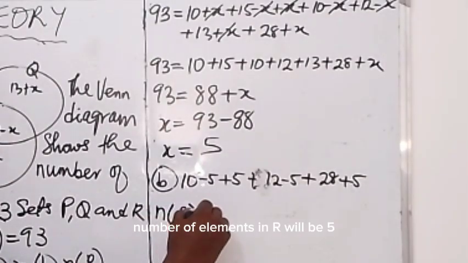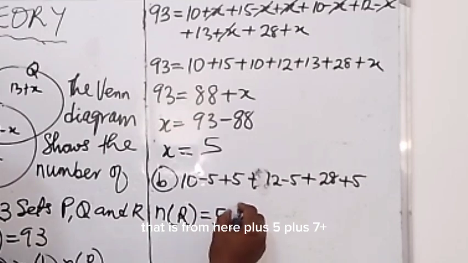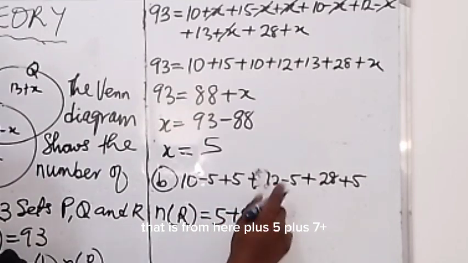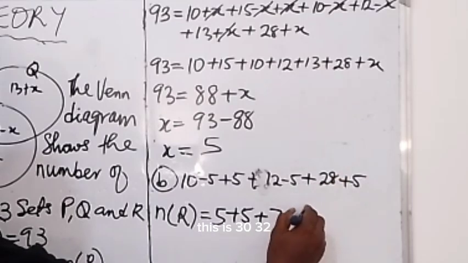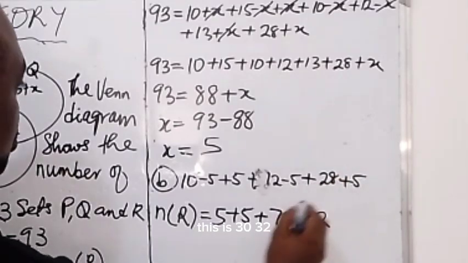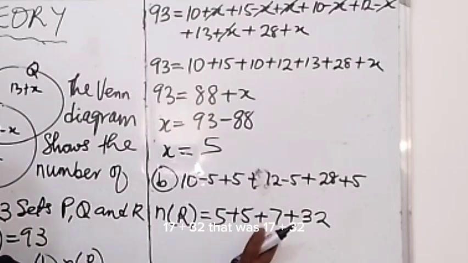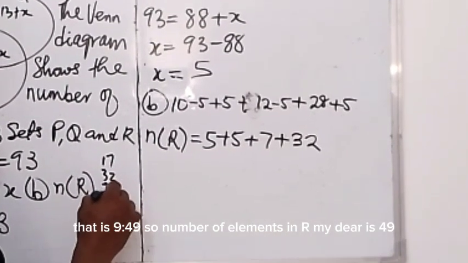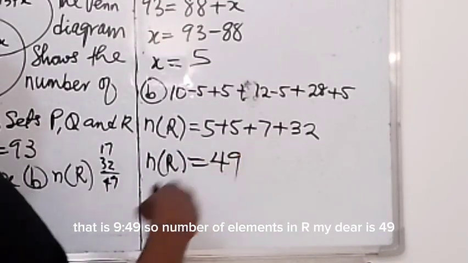Number of elements in R will be 5, that is from here, plus 5, plus 7, plus this is 32. So this is 10, 17 plus 32, that is 49. So number of elements in R, my dear, is 49.